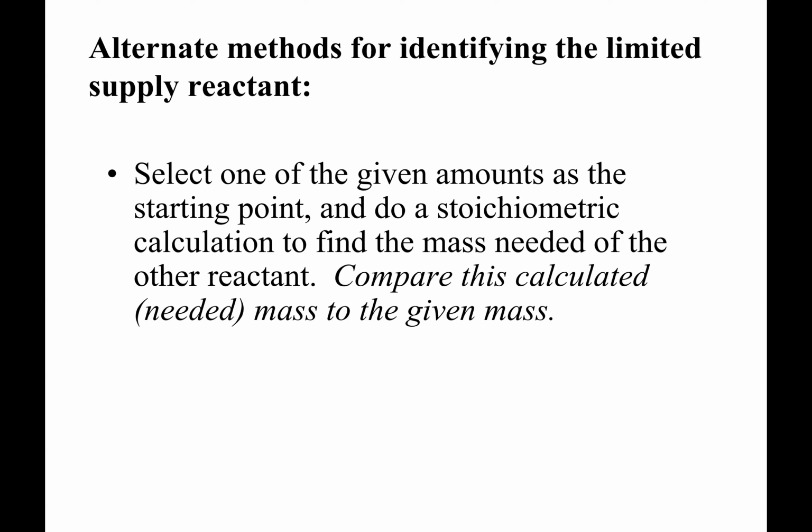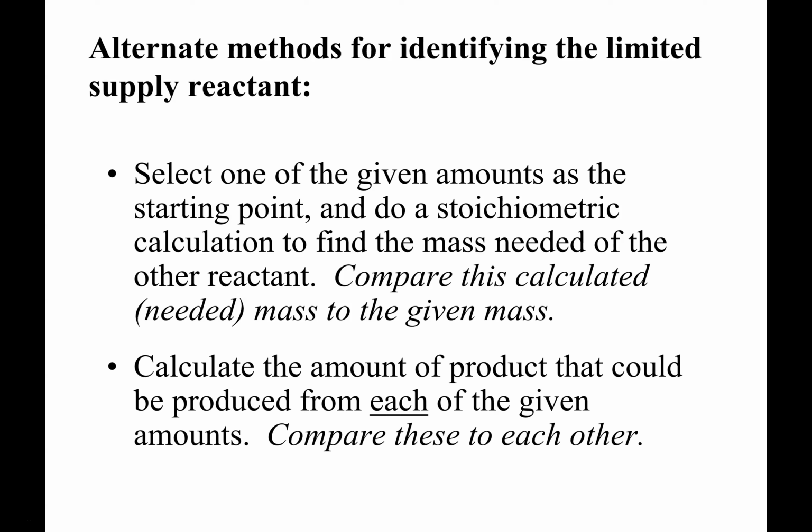So for instance, we could do this one. There's 2 ways. You could select one of the amounts and do a stoichiometric calculation. Say you have 2 reactants. You could say, okay, if I use all of A up, how much of B will I need? And then based upon your results, you could make a judgment call which one you're going to run out first. That'd be 2 stoichiometric calculations.